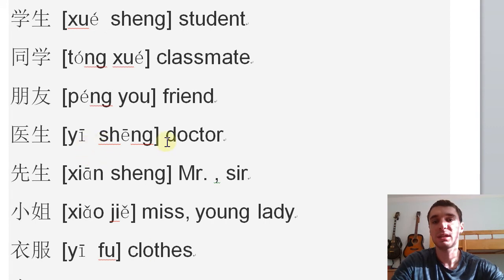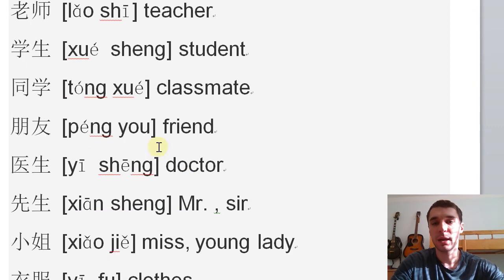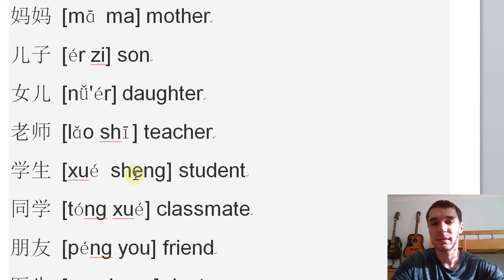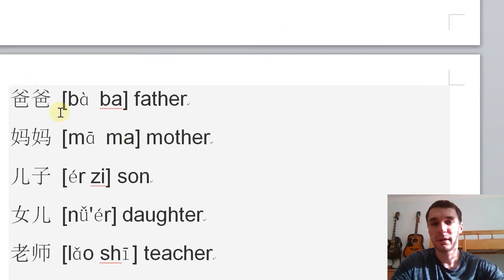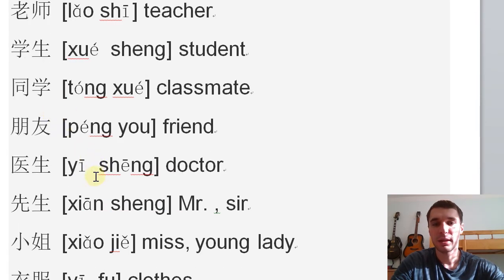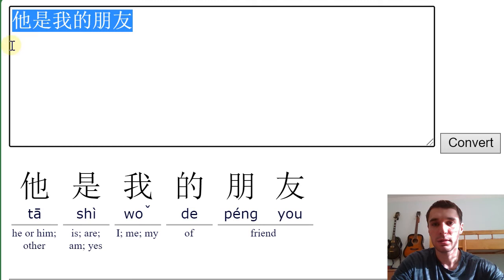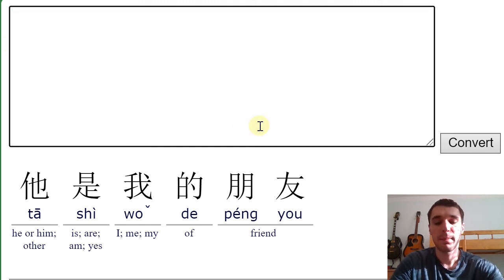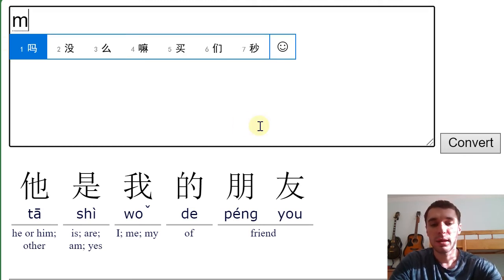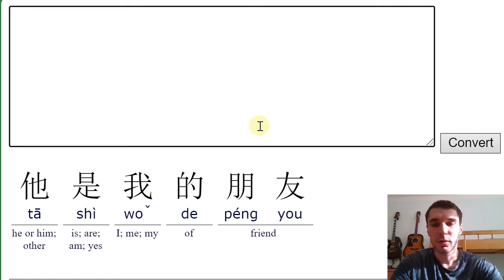For example, 医生 means doctor, right? I want to say, my father is a doctor. Father, 爸爸. Doctor, 医生. Where is it? Here, 医生. Okay, let's do it. So how to say my? I have to say 我, then I want to add 的, right?